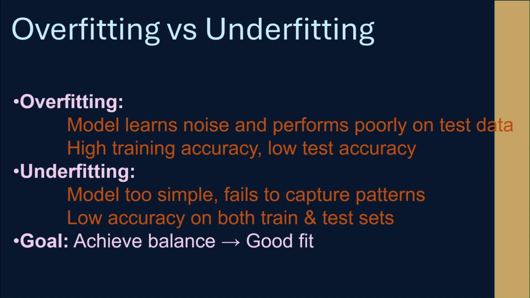In underfitting, the model is too simple and fails to capture the pattern, so there is low accuracy on both the train and test sets. The goal is to achieve a balance, a good fit. So let's move to the notepad and understand it in detail.